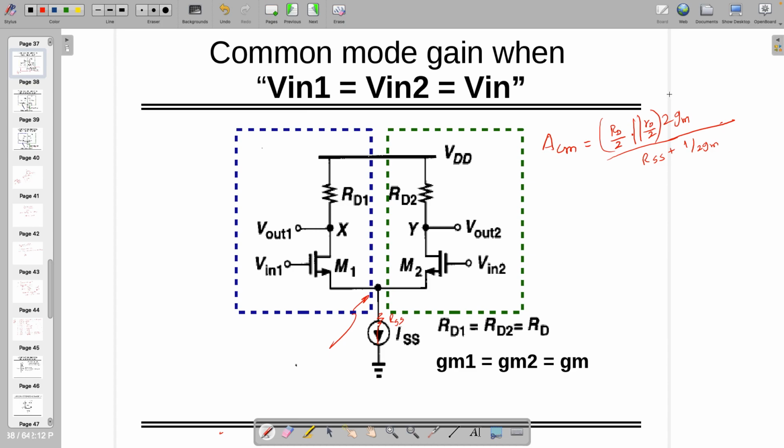Yeah, if you want to, you can do that. Then what do you want to do? This is what you want to do. Right?